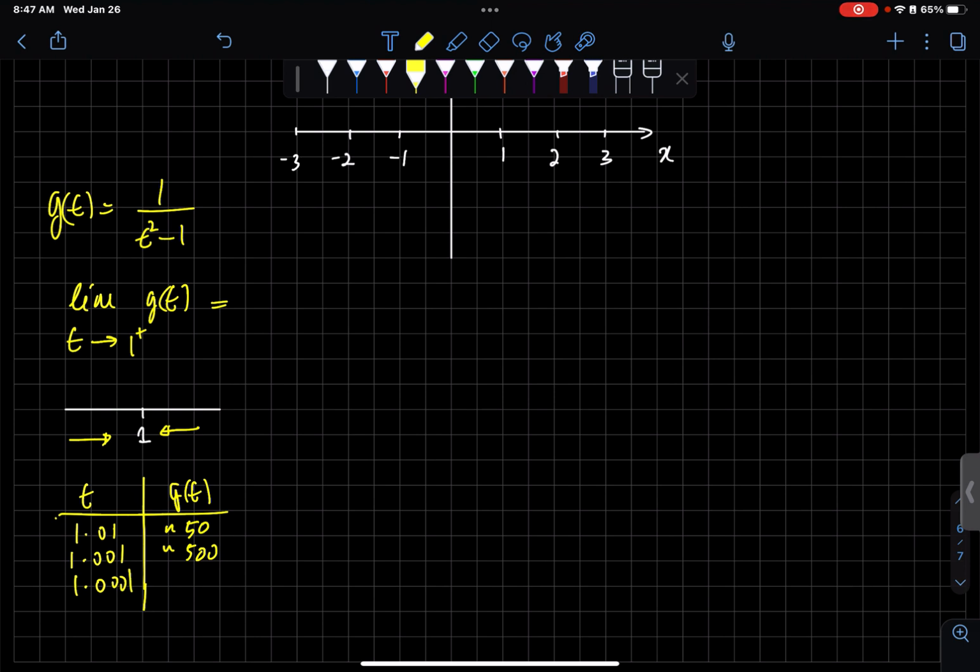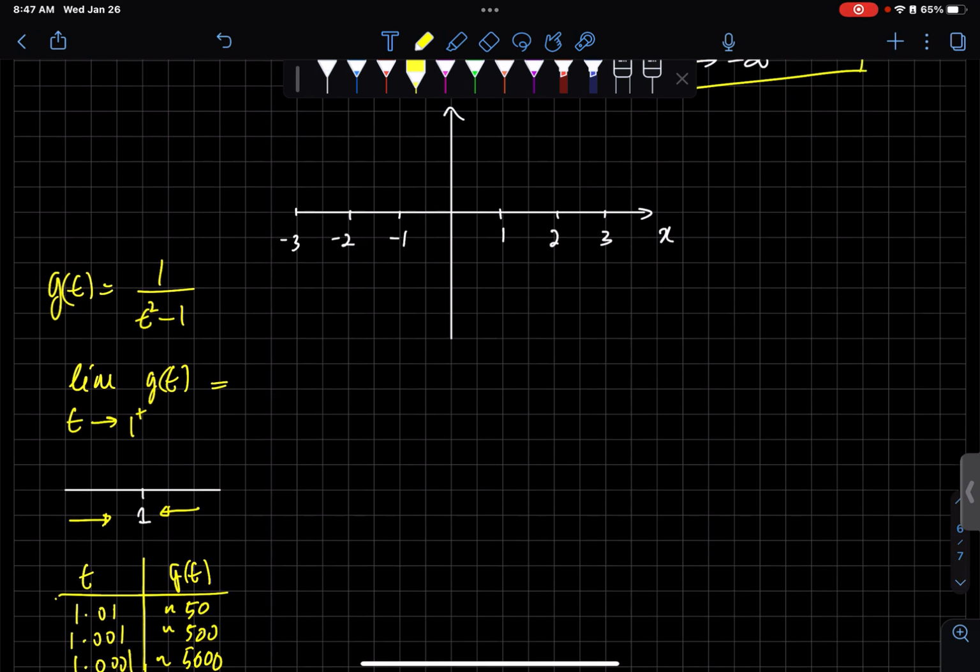And you can see where this is going, right? If you have 1.0001 squared, and from that answer we subtract 1, and then we divide 1 by that answer, we get approximately 5,000, right? You can see as we get closer and closer to 1 from the right, this number shoots off to a huge positive number, right? So what does that mean?